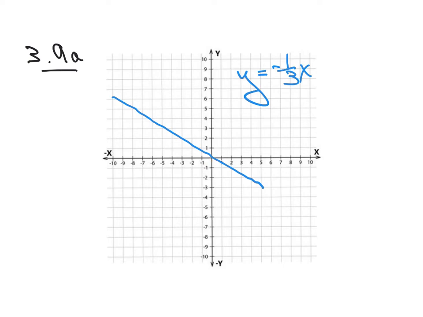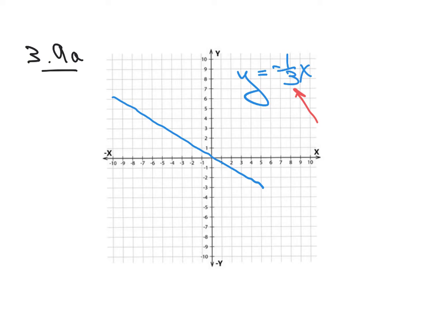The angle might be different depending on what number this is. The number in front of the x designates what kind of slope it is. So we could have a slope like that, or a slope like that, or a slope like that, but it will always go through the origin.